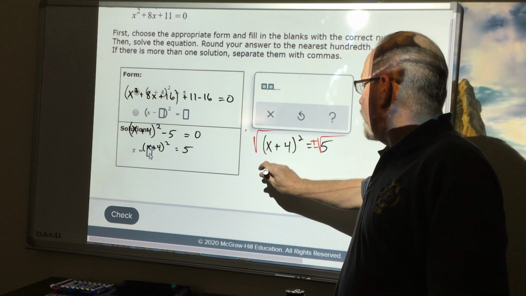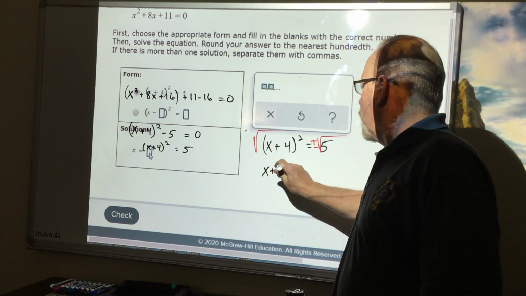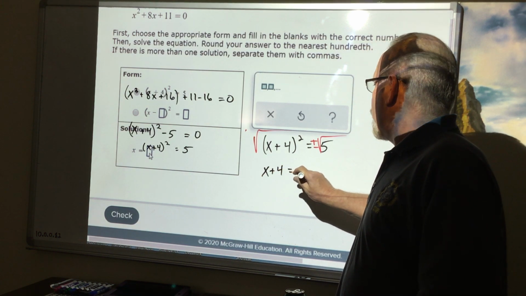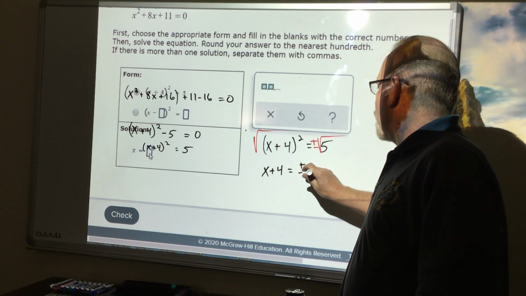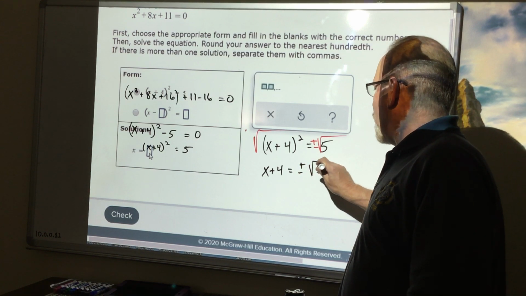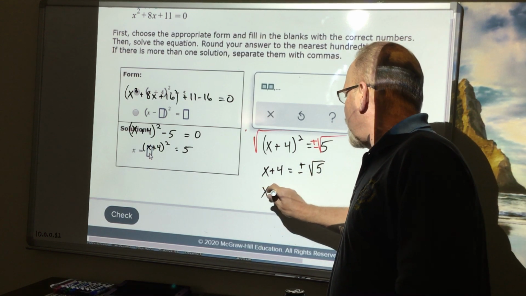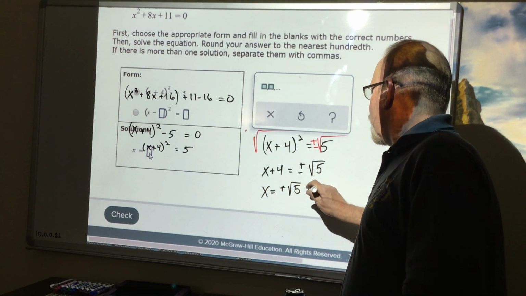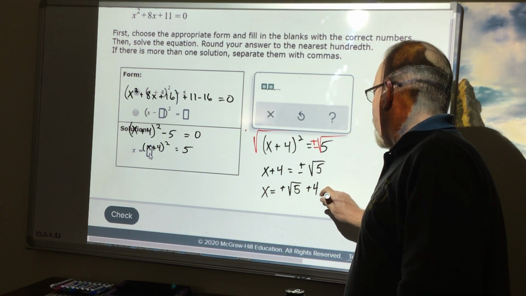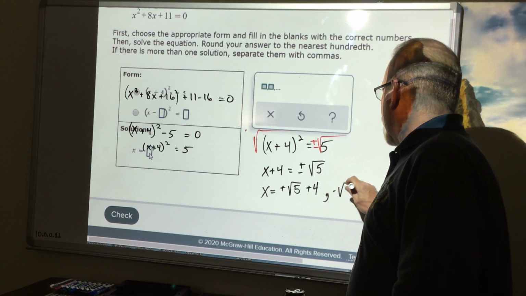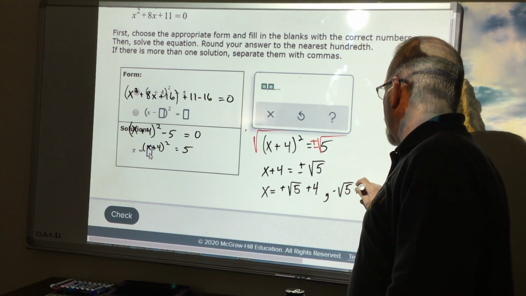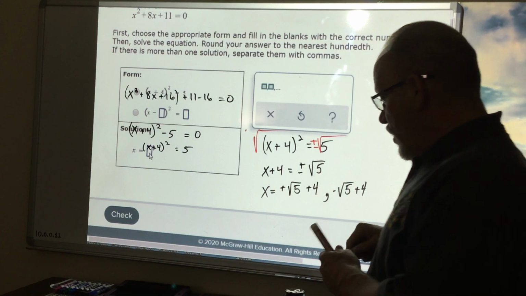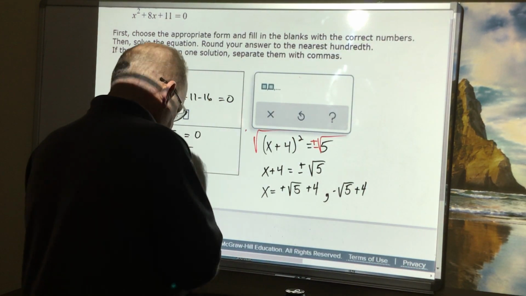So I get x plus 4 equals the positive or the negative square root of 5. So x equals the positive square root of 5 plus 4, or it equals the negative square root of 5 plus 4. So I throw those into my calculator.